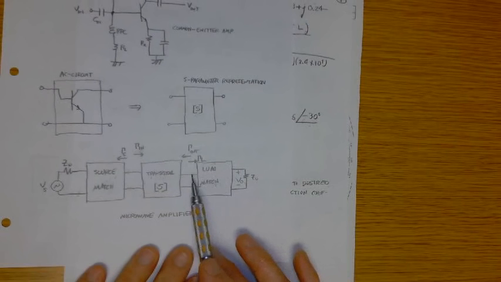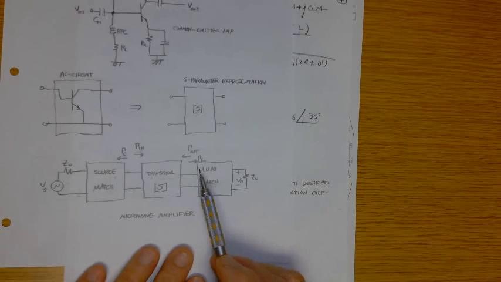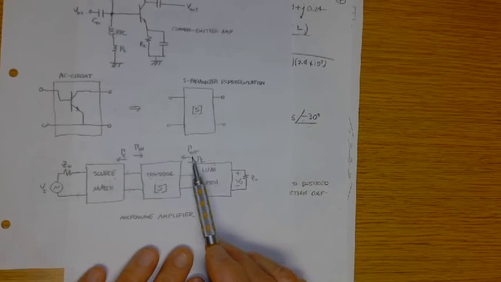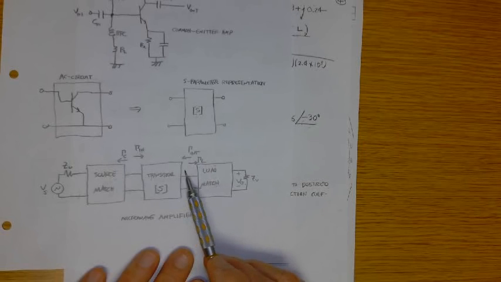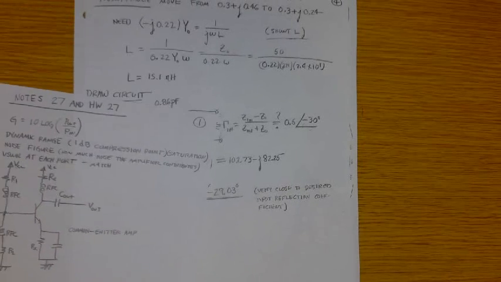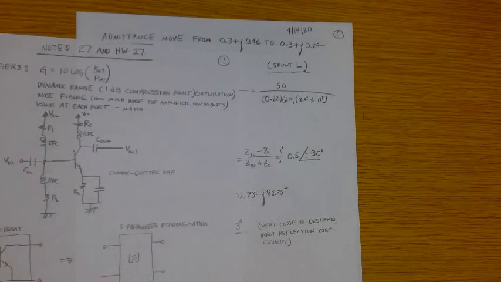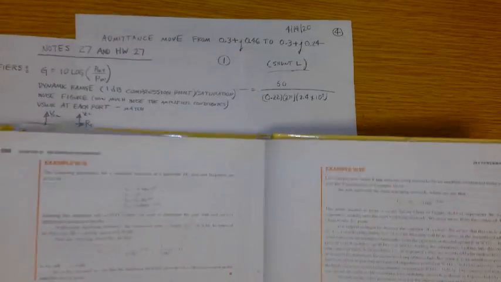So you need to put circuit elements in here so that looking in here, you get an impedance so that that impedance minus Z naught over that impedance plus Z naught is the conjugate of S22 of the transistor. Well, we know what S22 of the transistor is. It's given in here.